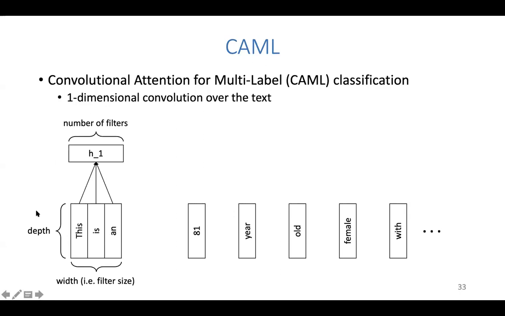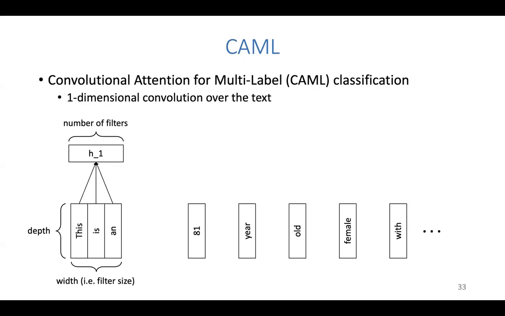So if this is 128 again, it means you're using 128 filters, where each filter is of size 1 by 3 with depth 128. That is the one-dimensional adaptation of the two-dimensional ConvNet. Hopefully this is all really clear.